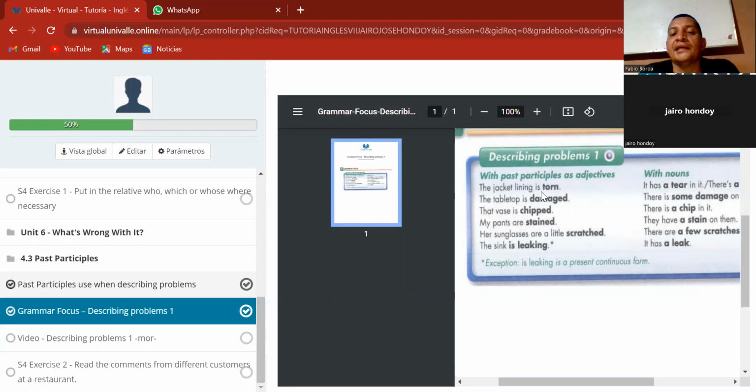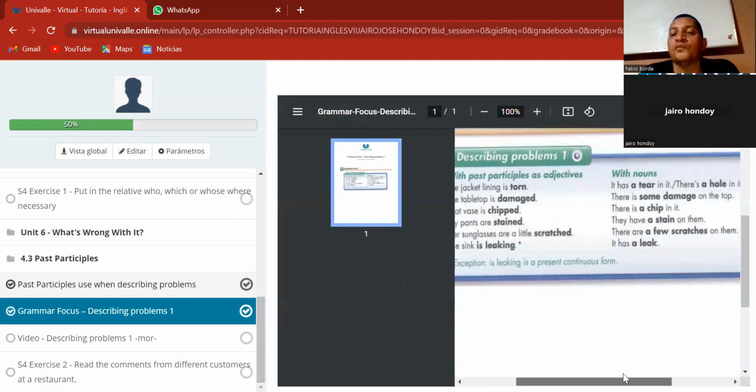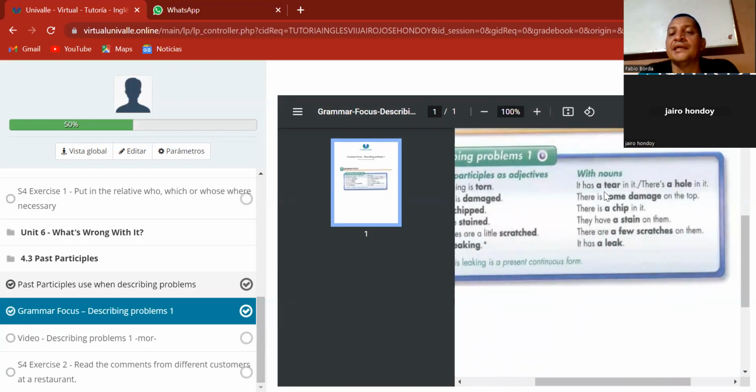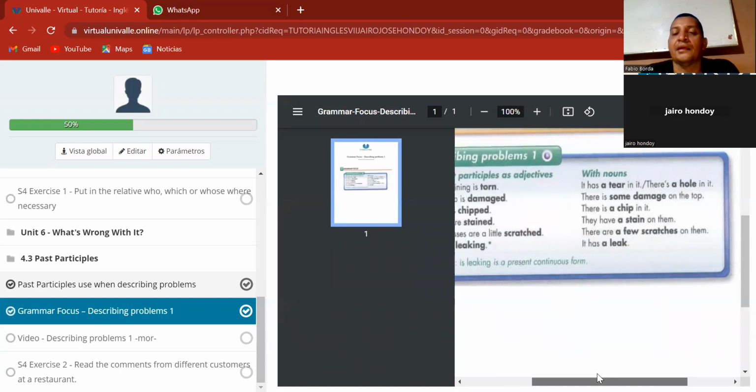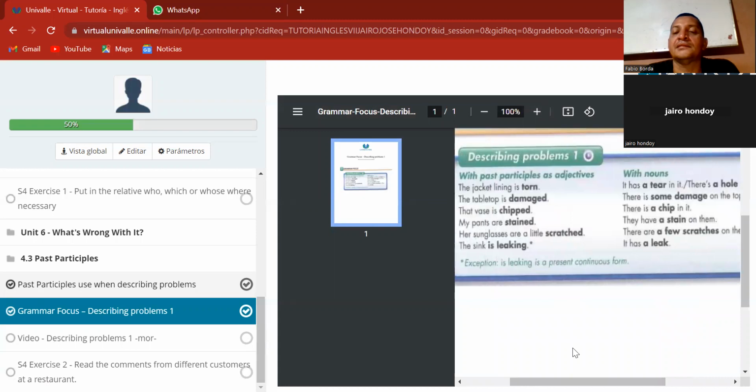The jacket lining is torn. On the right, it has a tear in it, there is a hole in it. This is a different context, but it means the same. Lining, and a tear or a hole. Can you understand this expression? Yes, it's torn or it has a hole.